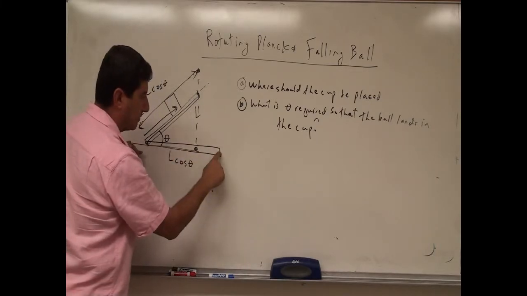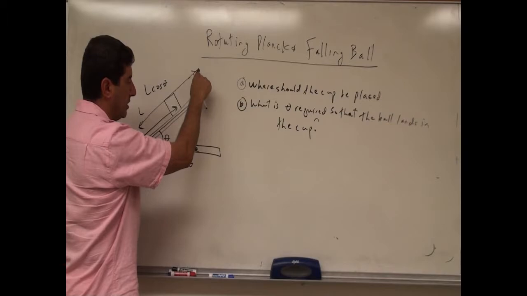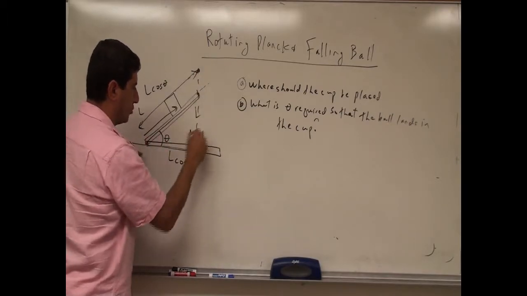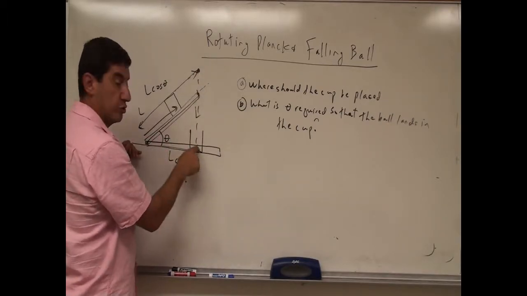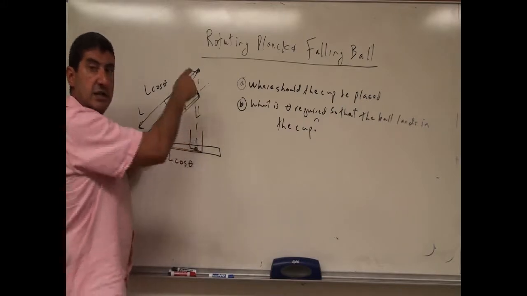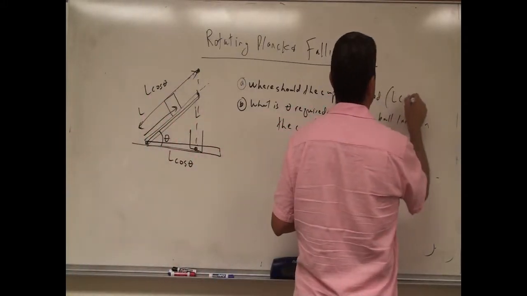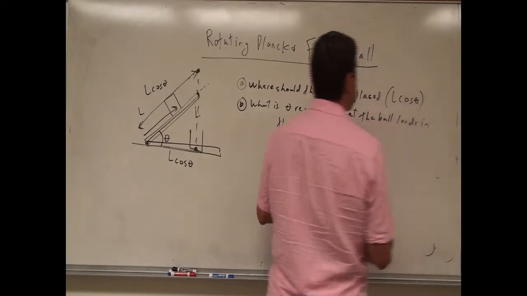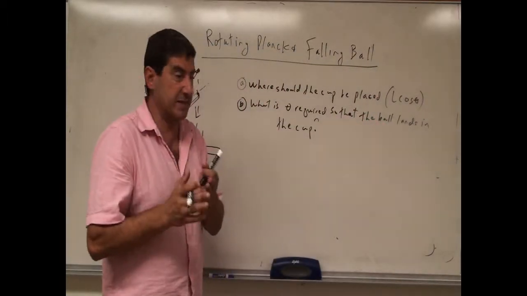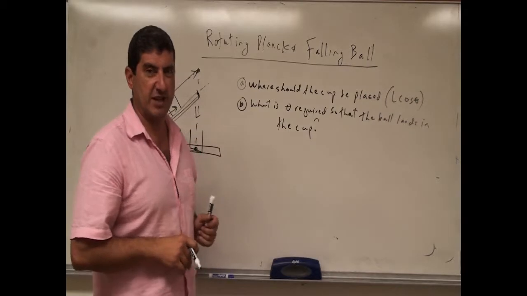The tip of the platform will be ahead of the ball, but the cup will be over here. And if the distance from the pivot to the cup is L cosine theta, the ball will be able to land there. Okay, so the location is L cosine theta, but we don't exactly know what number that is because we have to calculate theta.